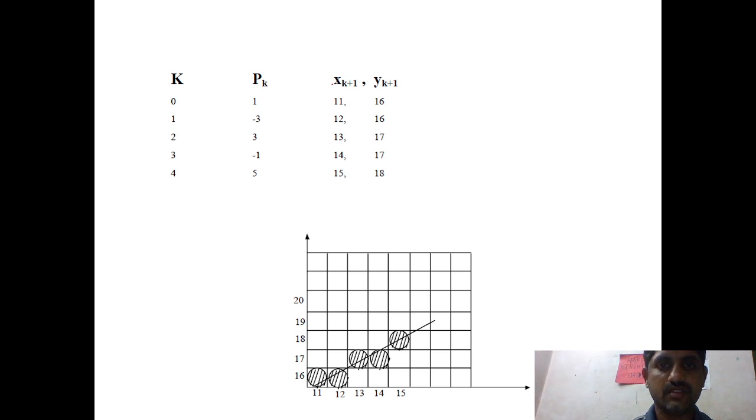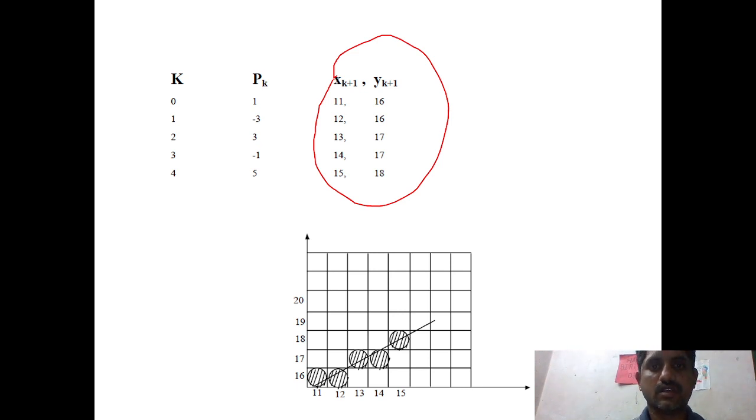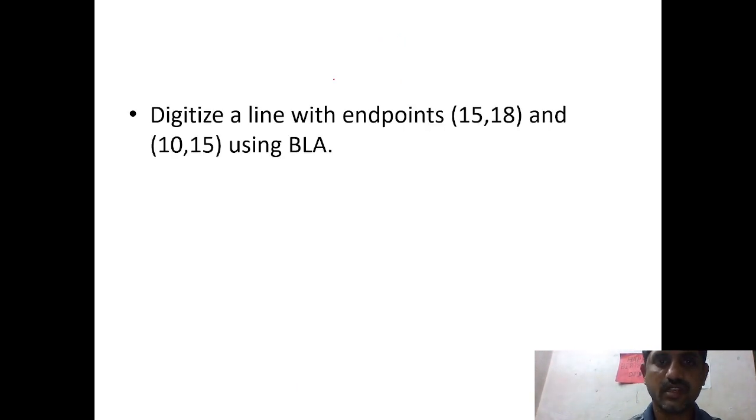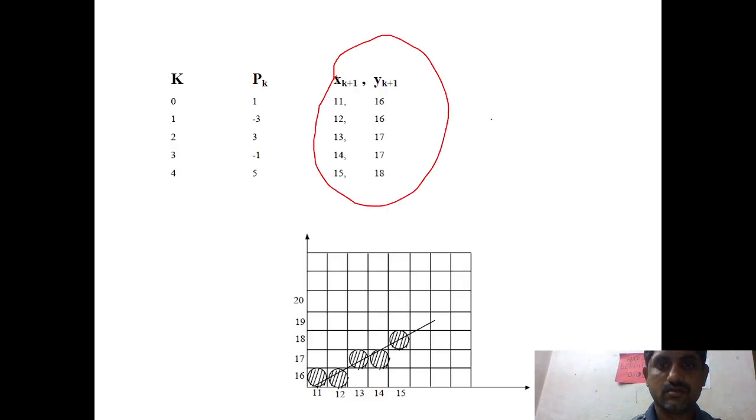The values of xk plus 1 comma yk plus 1 are 11, 16, 12, 16, 13, 17, 14, 17, 15, 18. Now using these xk plus 1, yk plus 1 values, you can draw a straight line like this.